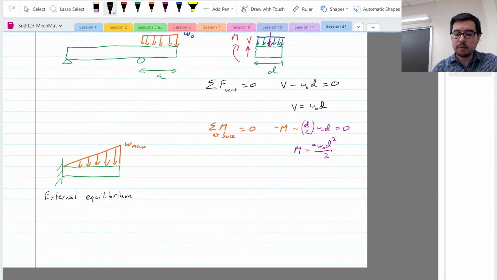That's our first thing. And we need to know what we're doing with the vertical forces, right? They have to be equal to 0.